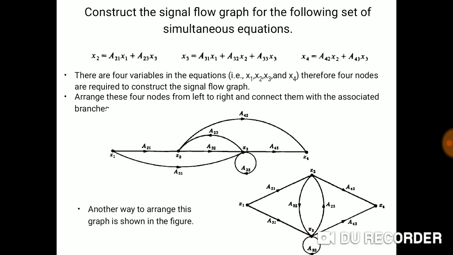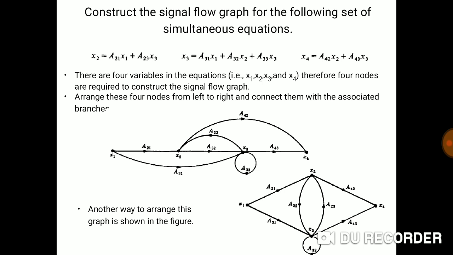If we consider all three equations, we can see four different variables: X1, X2, X3 and X4. Therefore, as these equations have four variables, we can consider four different nodes in the signal flow graph as shown in the first diagram. Then we arrange all these nodes from left to right and connect them with the associated branches, like we discussed in the last example.